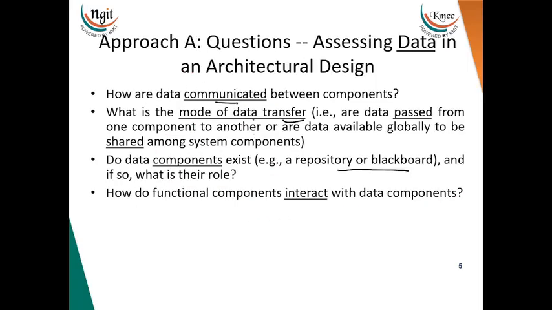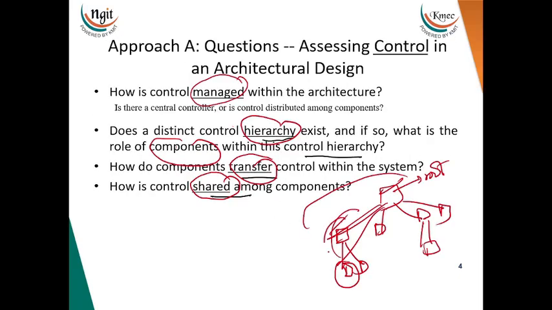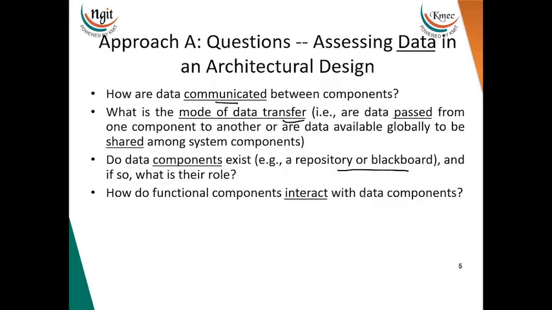The next one: how do the components communicate with each other? This component will communicate with this one. How? What is the mode of transfer? Data passed as information, whether asynchronous or synchronous, going and coming both ways. Is data available globally? Does a central repository exist, and is it active or passive?